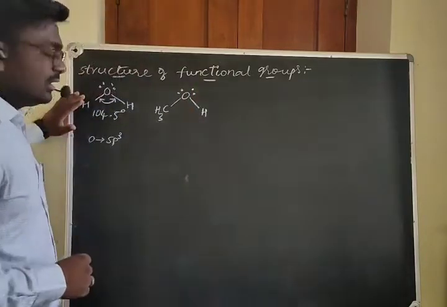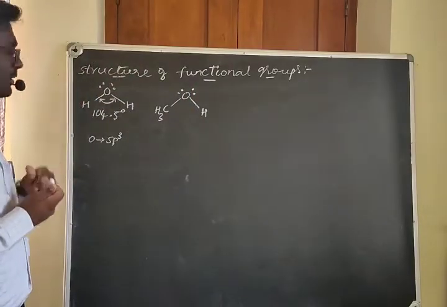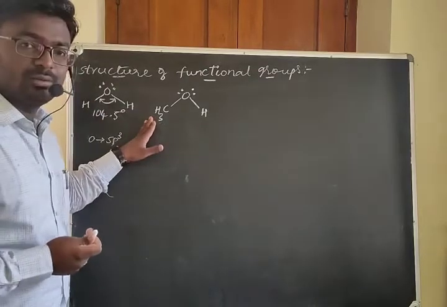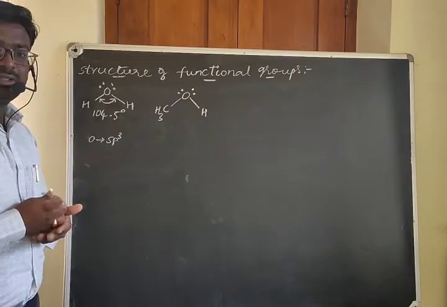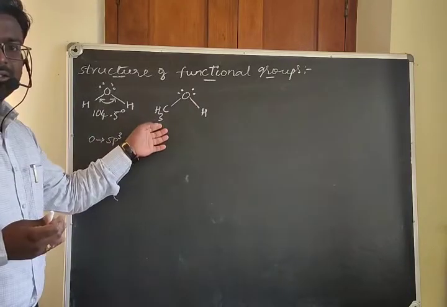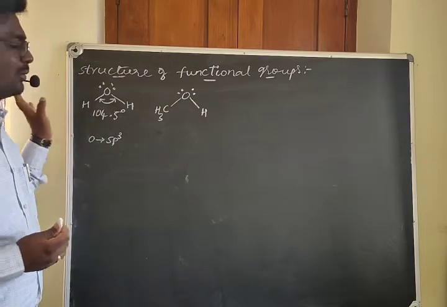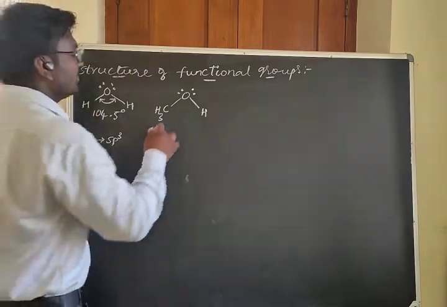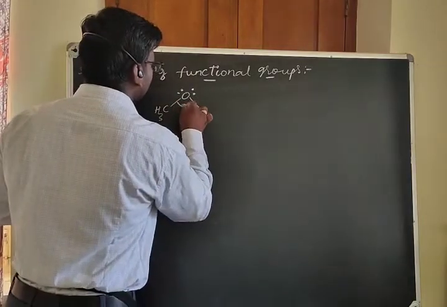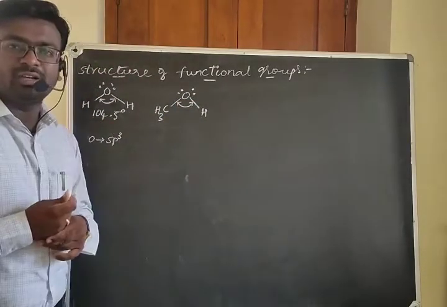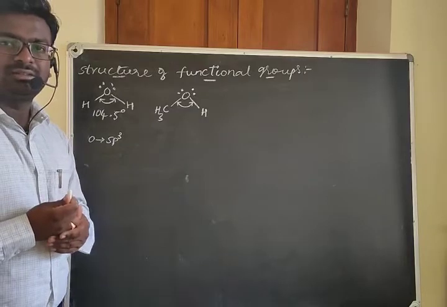Now what is happening here? We are replacing the hydrogen of the water with a methyl group. Means you can also call these alcohols alkyl derivatives of water. Think of this bond angle, whether it will be more than the bond angle present in water or less.